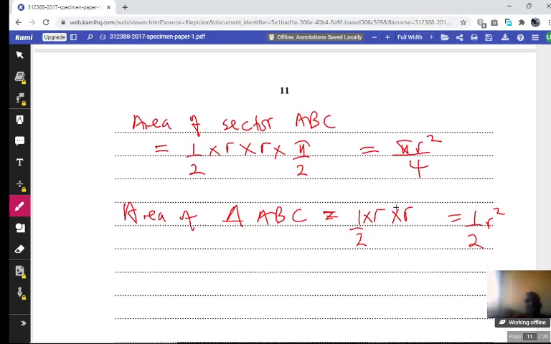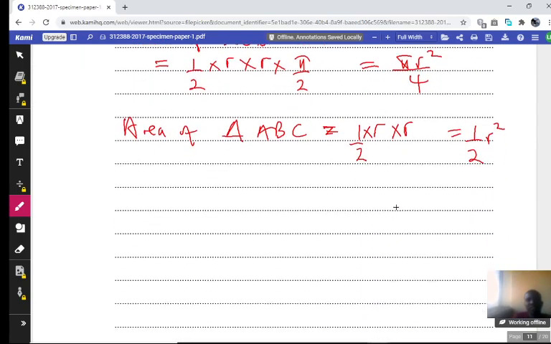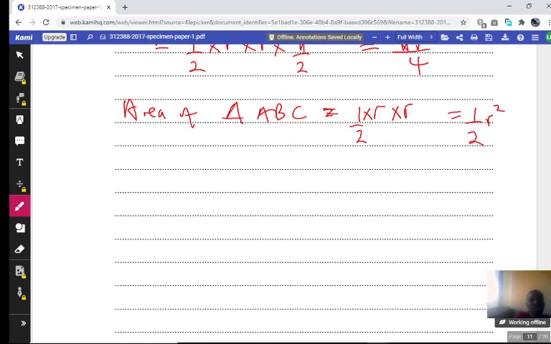Now the total area of that unshaded part will be pi r squared over 4 plus pi r squared over 4 minus the area of this triangle, half r squared.